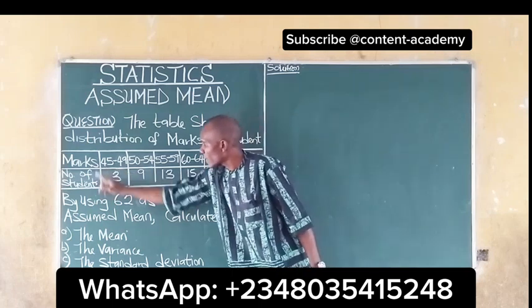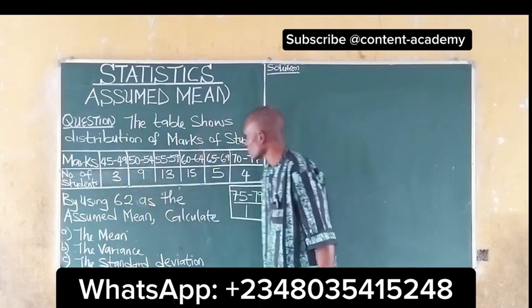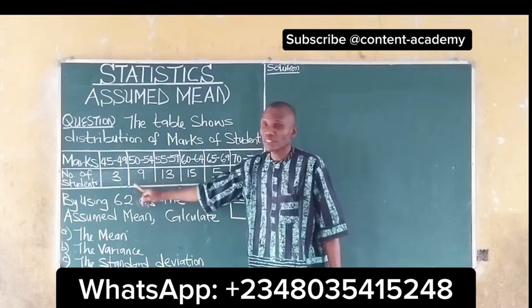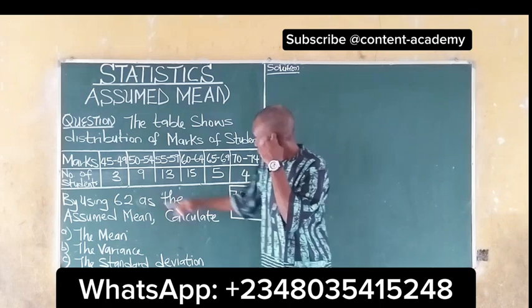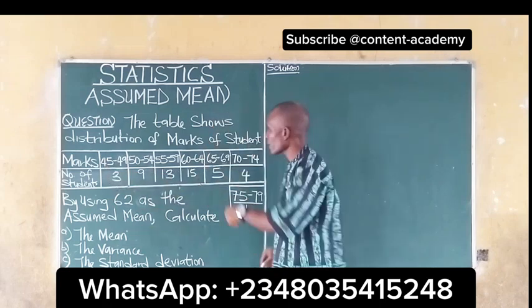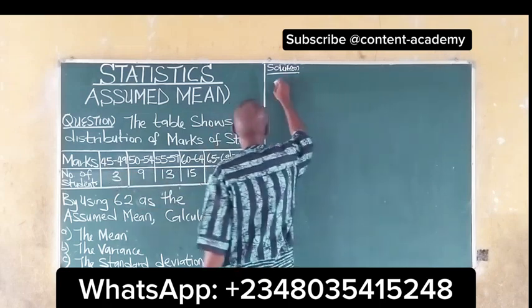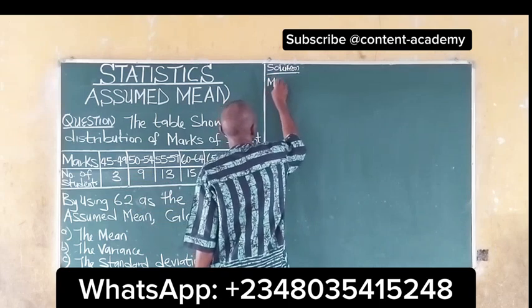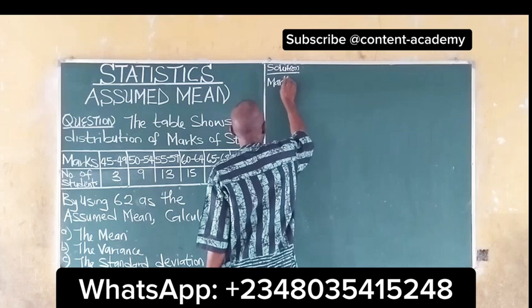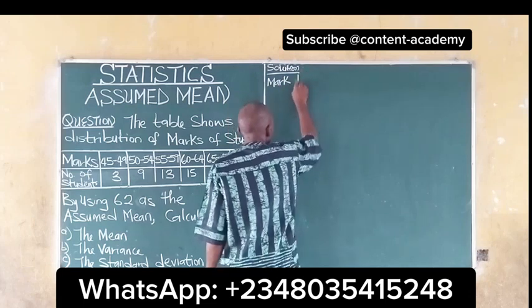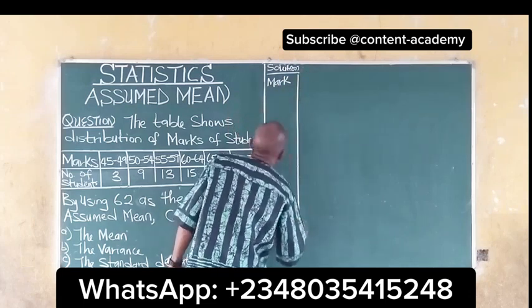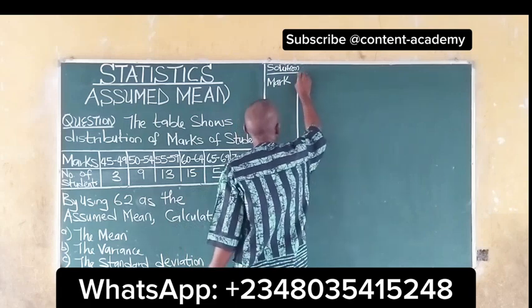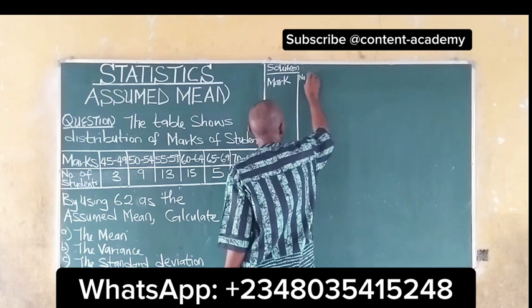Now, we have our mark and we have the number of students, which happens to be our frequency. What do we do? We first look for our mark, which is the values of x, our observations. So first, we have mark. This becomes a column. We have number of students.